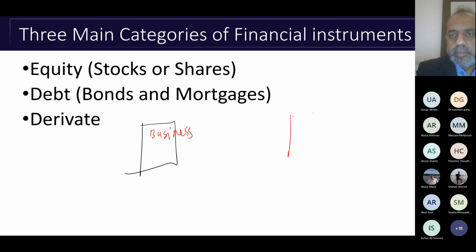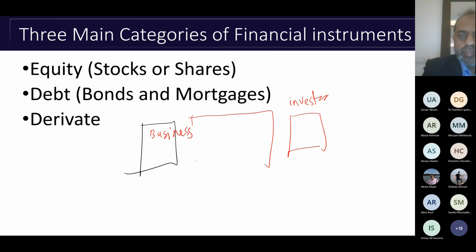And here is you or general public who is an investor. Okay. So you got to build an instrument through which the investment can get into this business. So these are called the instruments.